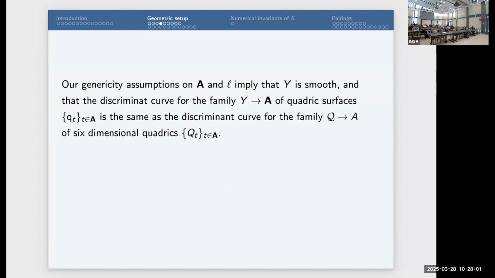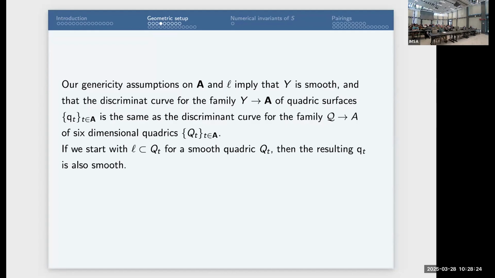Generic assumptions on the net A and on the line L imply that Y is actually smooth, and that the discriminant curve for the family Y to A, the family of quadric surfaces, is the same as the discriminant curve for the original family after Q, containing lines.